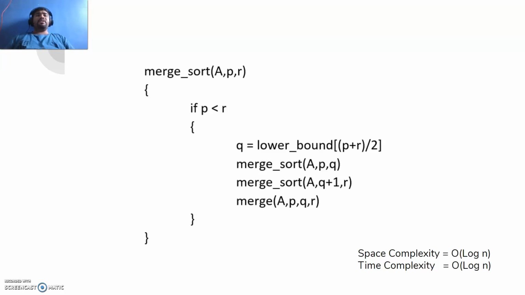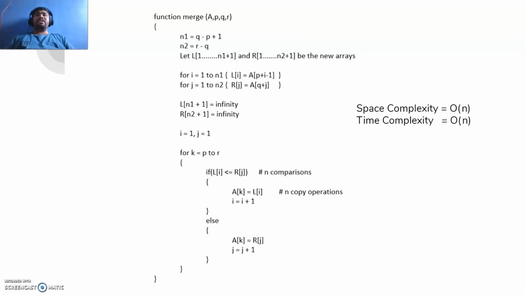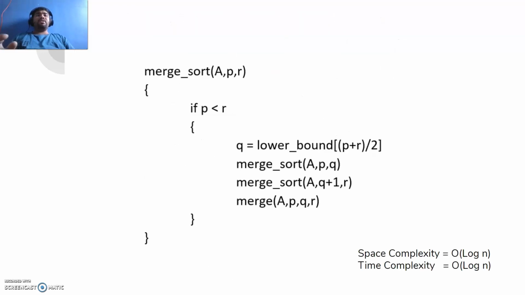For space complexity, the amount of space needed for the merge function is n, and the amount of space needed for the merge sort function is log n. So obviously the space complexity for the entire merge sort is n plus log n.